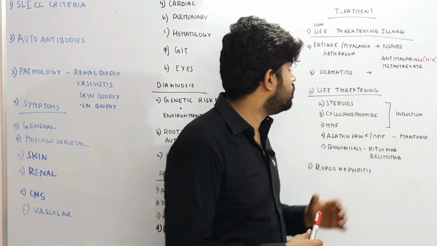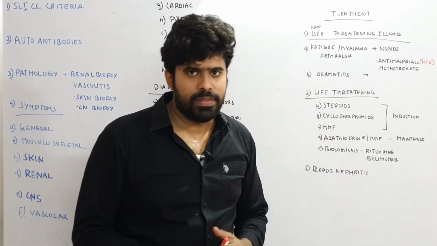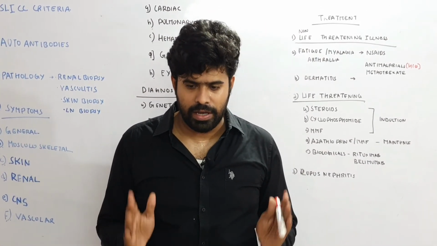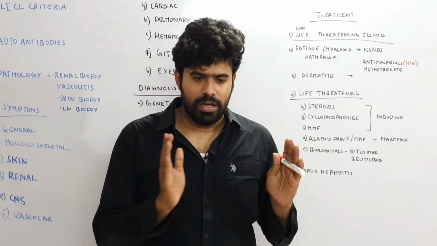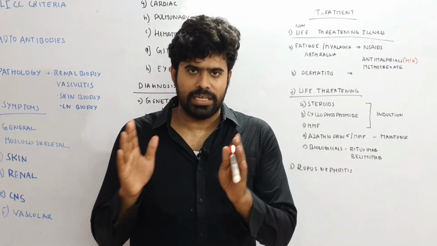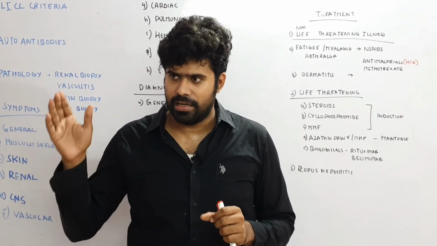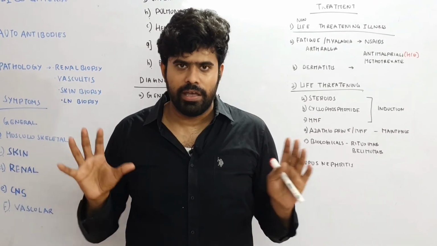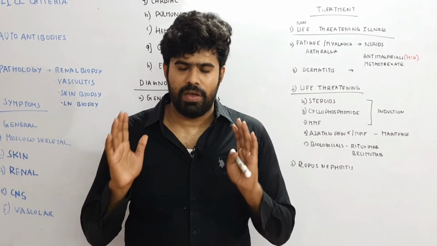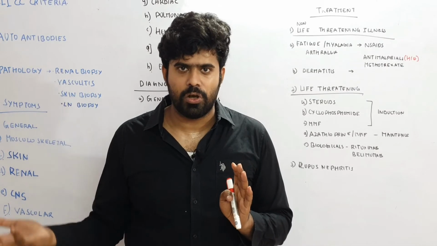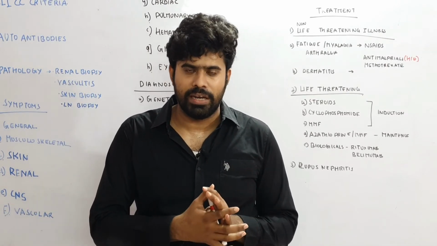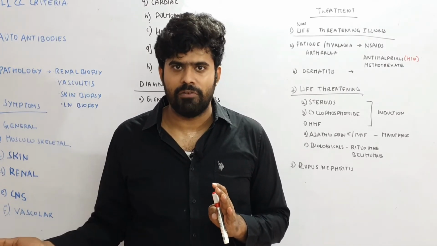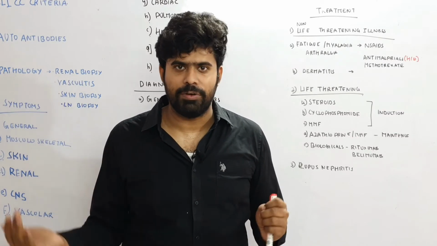And coming to treatment, basically before treating, we have diagnosed a patient based on ANA positive with the classical clinical symptoms with a SLICC score of more than 4. You have diagnosed SLE. Then we have to see whether the patient is having any major organ involvement or not. When there is no major organ involvement, then you have to look at the activity of daily living.